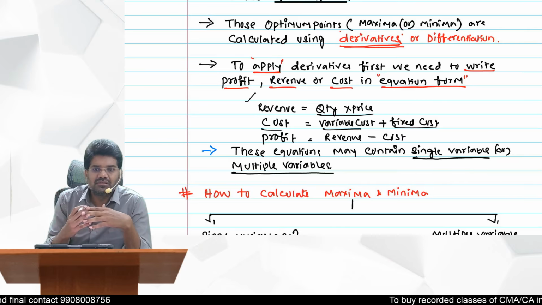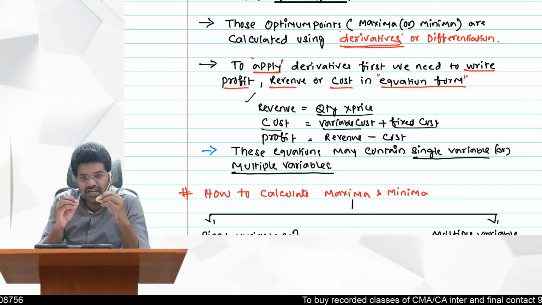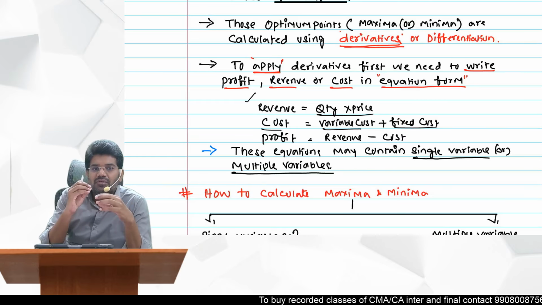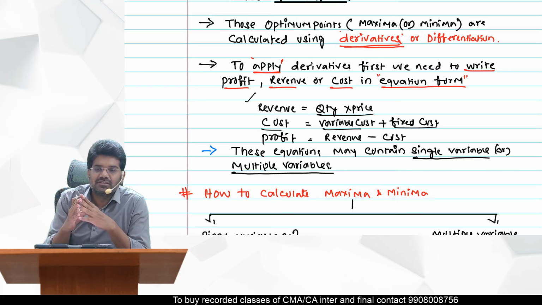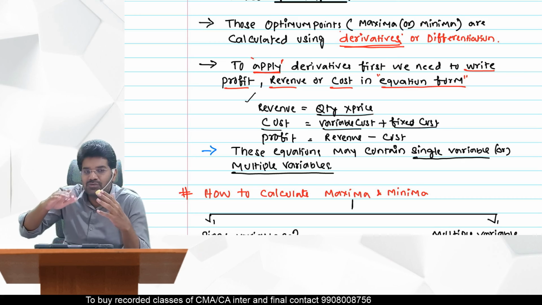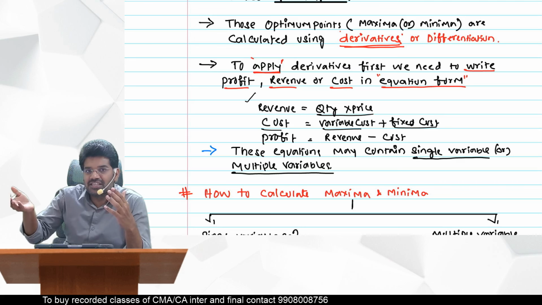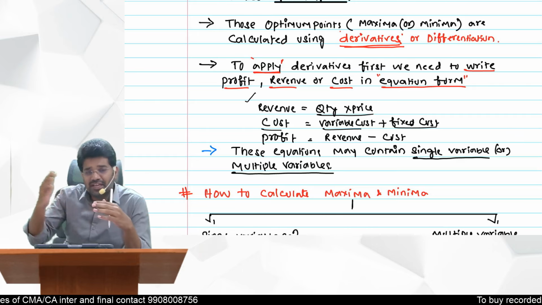No. So in the real world, we might face some constraint with respect to availability of resources. So to get maximum profit, there could be a hurdle. Hurdle is what? Your constraints. That is limited resources.